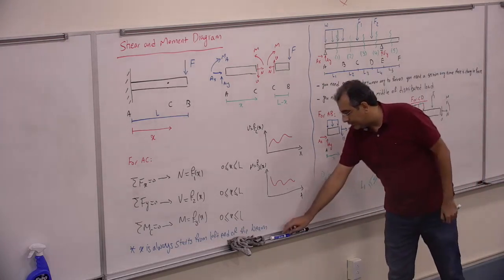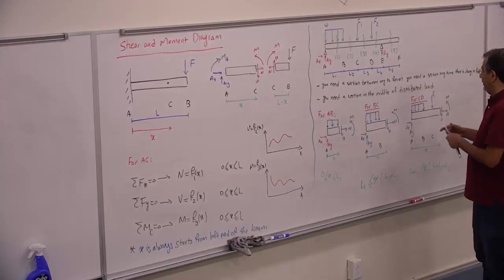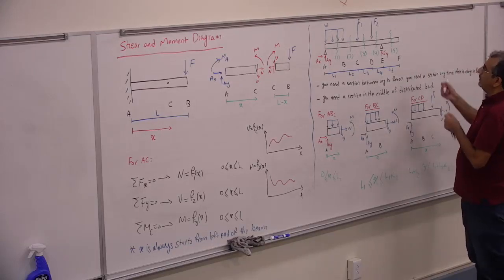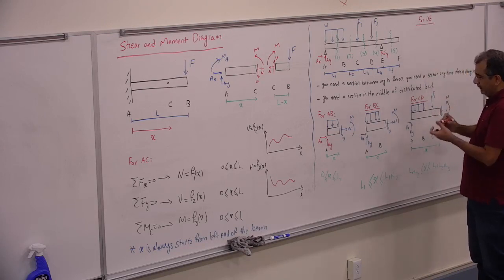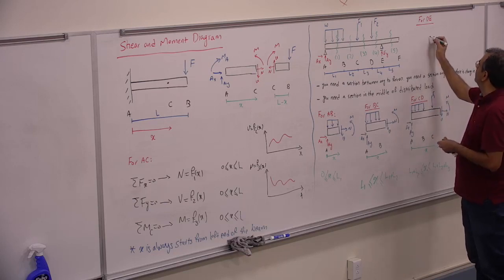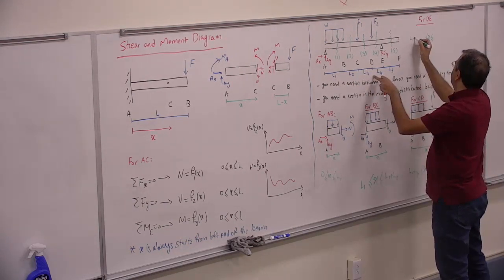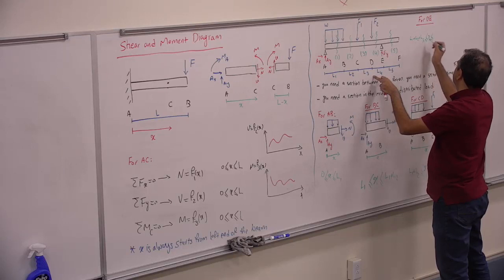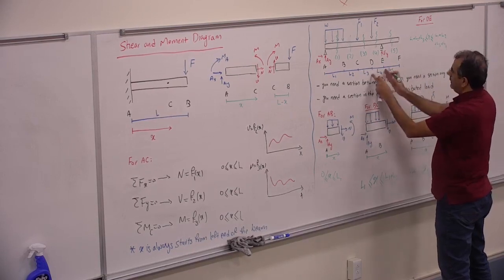And the same thing here, I have to have it for the DE also. So for the DE, X is going to be L1 plus L2 plus L3, and then L1 plus L2 plus L3 plus L4. So this section.